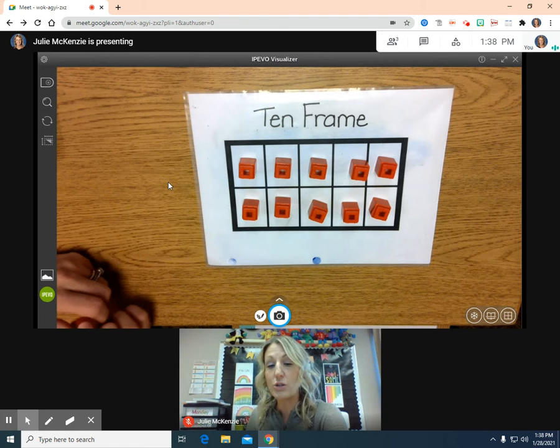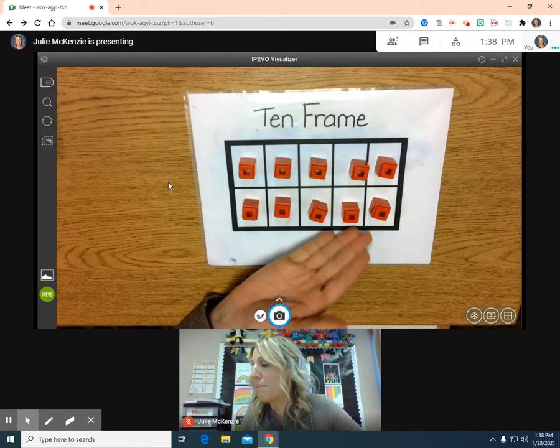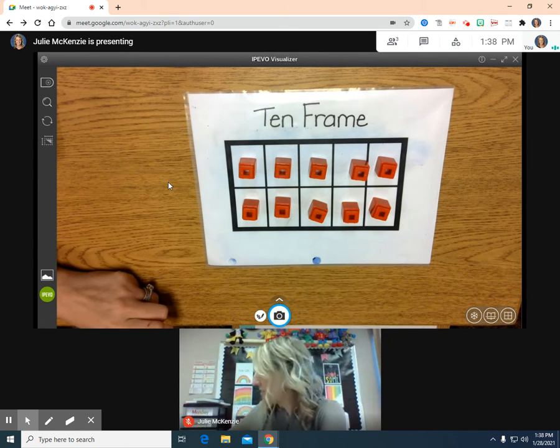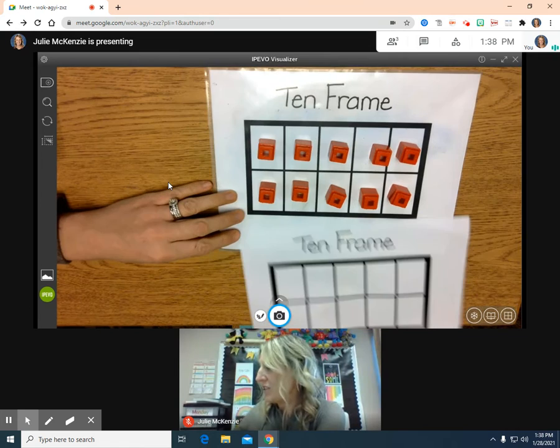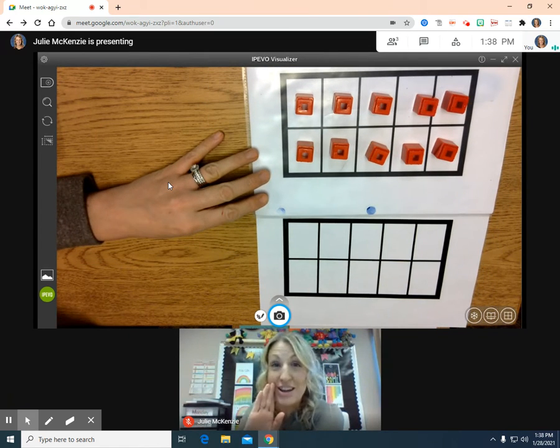What should I do? Who has an idea? If I have 10 seats at my table, but I have 11 guests, how could I solve this problem? Does somebody have an idea of what I could do? Well, I need to add another table. Really, it's just another 10 frame, right?